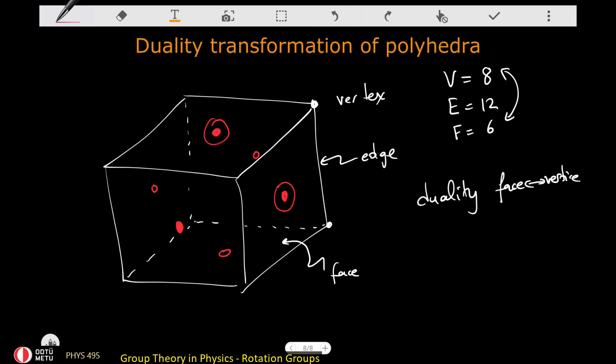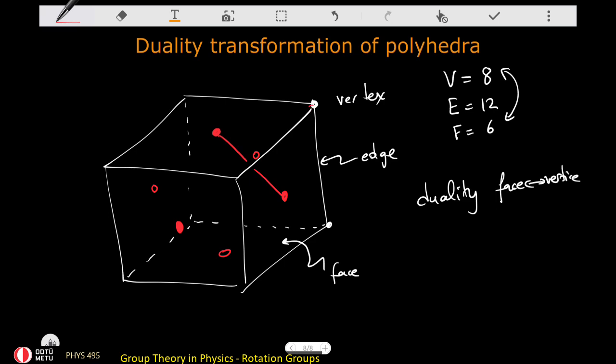So as a result, let me draw this thing in here. So these 2 points correspond to faces that are neighbors with an edge. So therefore, I just connect them with an edge.